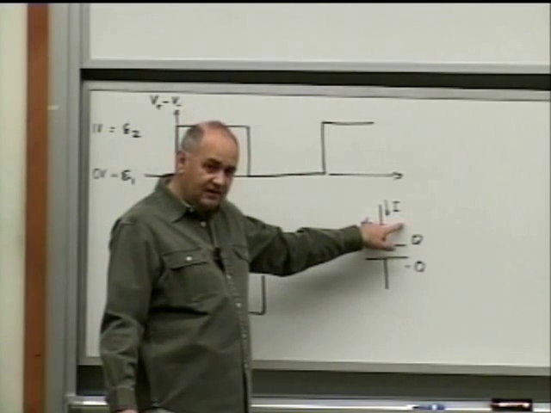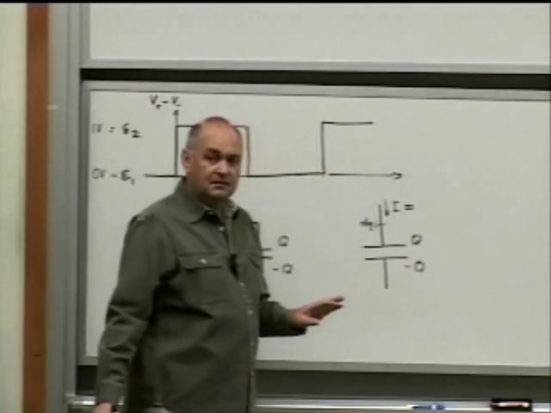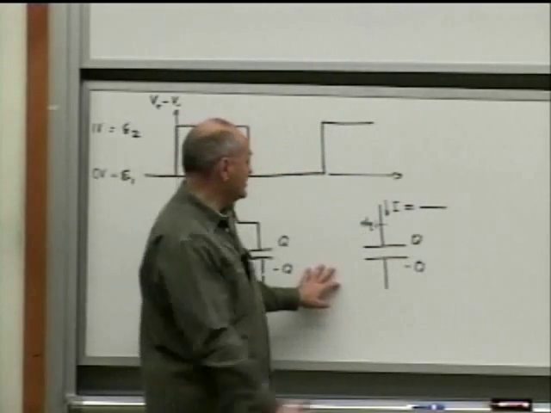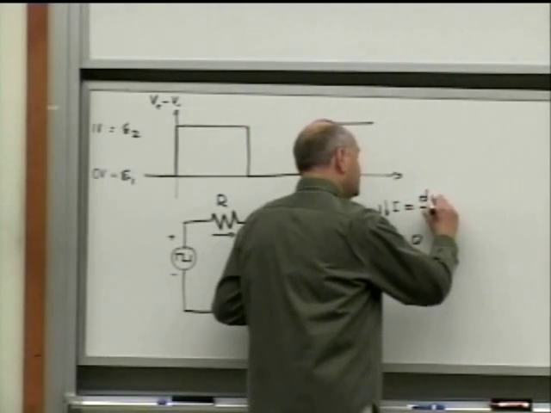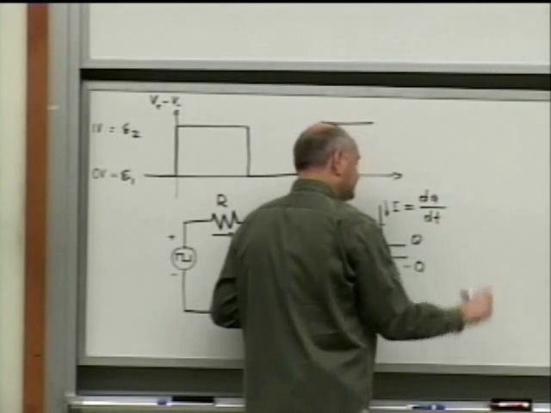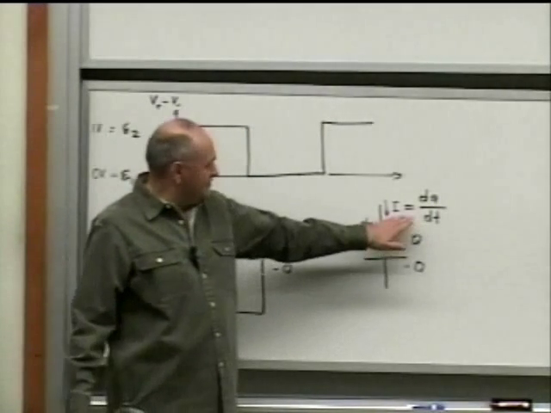So what will be the value of the current? It's the rate at which charge is being transferred. So it is dq over dt. Right? How about if we read it?